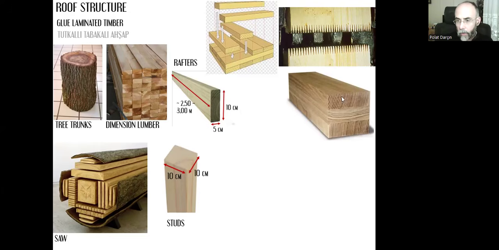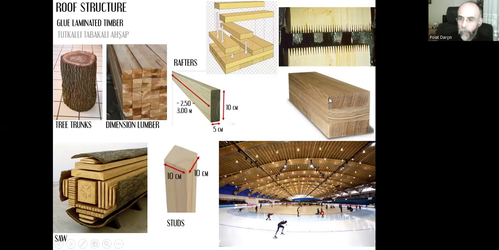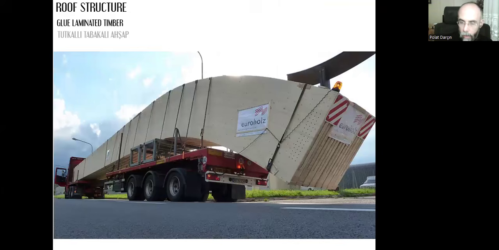You see that three pieces with the annual rings directed in opposite ways. And we can create very large beams that can span above maybe 150 meters or 200 meters, like that. This is a huge timber beam in this example.